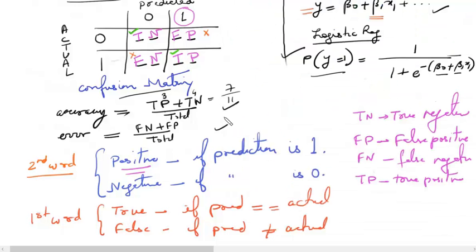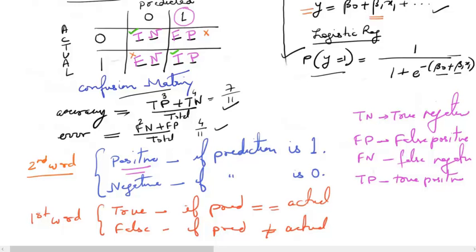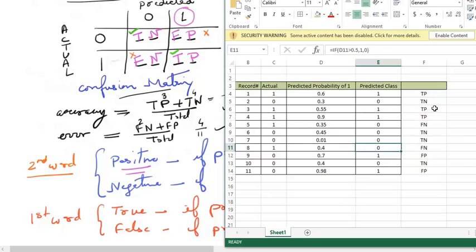Similarly, I can compute the error, and as we have seen before I will get 4 divided by 11, where we have false negative plus false positive. False negatives I have 1, 2, so let me write down 2 here. And how many false positives do I have? I have 1 here and 2 here.